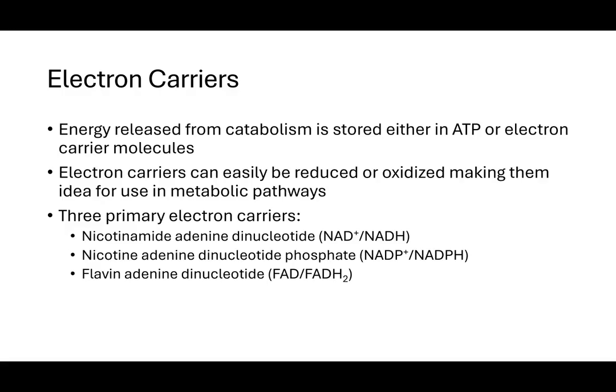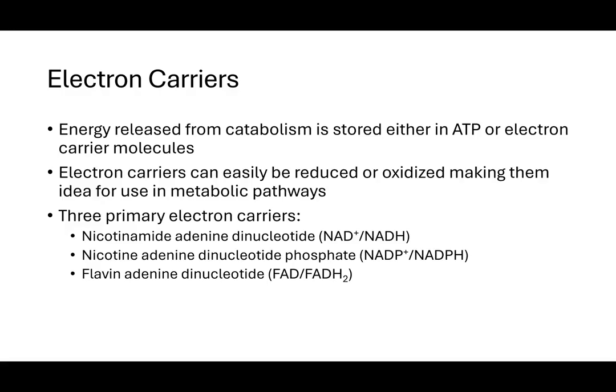Now, electron carriers are molecules that can be very, very easily reduced or oxidized, so they're really, really good for these metabolic process pathways because we can oxidize or reduce, so add or remove electrons really, really easily without a ton of energy needing to be put into it.